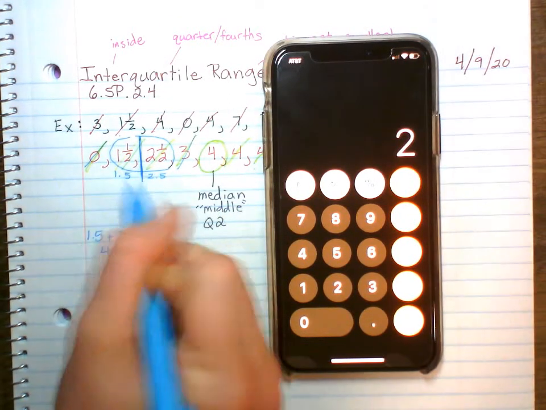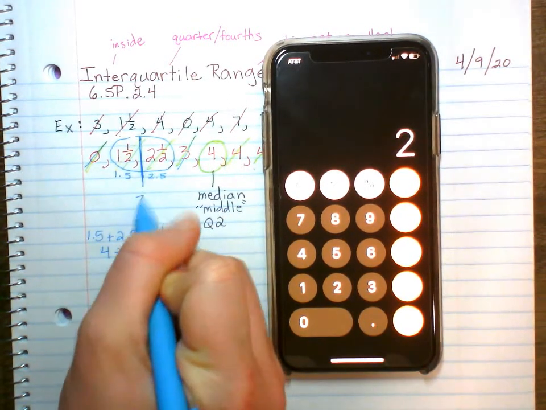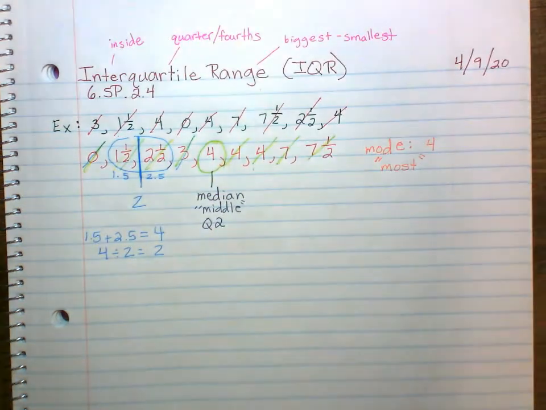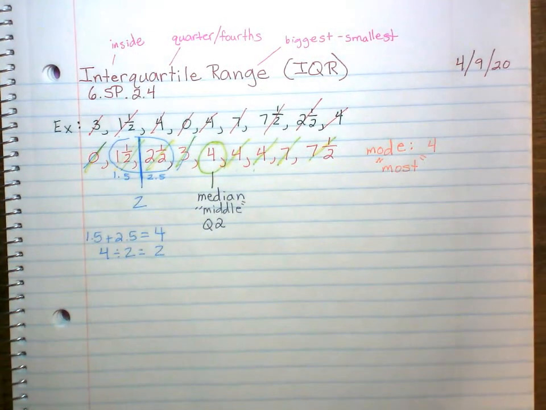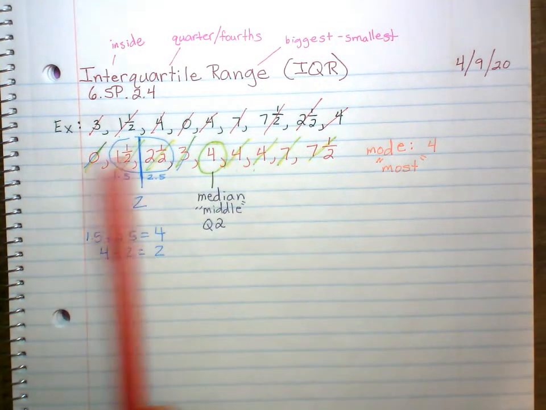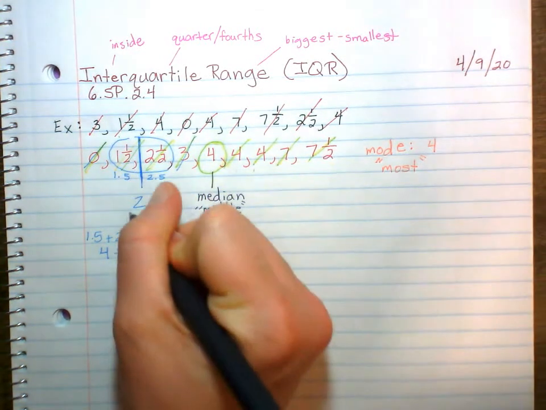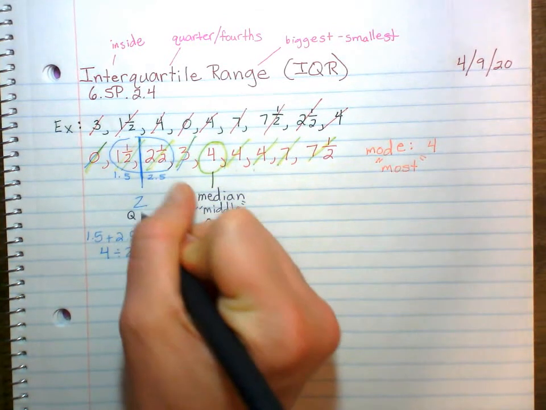So 2 is perfectly between 1.5 and 2.5. So that means that 2 is the first quarter. 1/4 into our data set is 2. It's quartile 1.